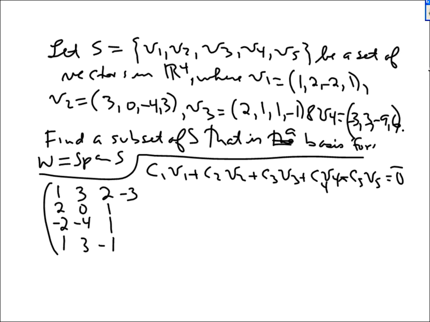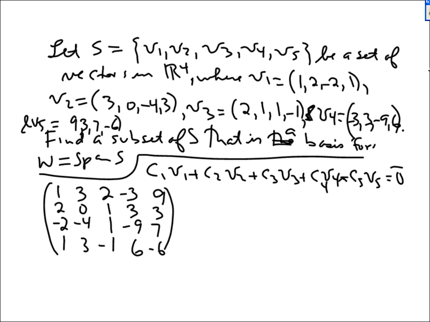Nice of me. I forgot to write down V5 equals. Okay, but I'll state it now. V5 is 9, 3, 7, negative 6.